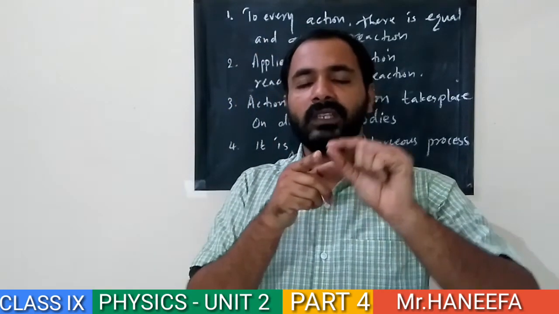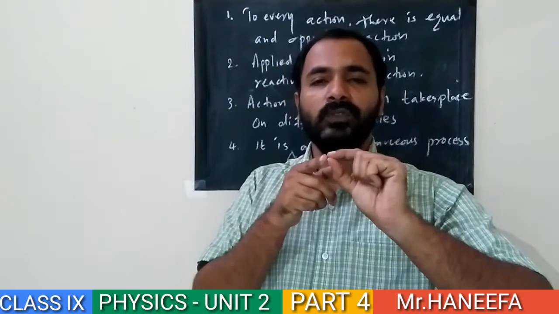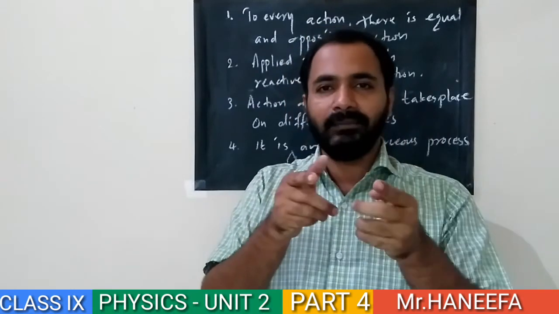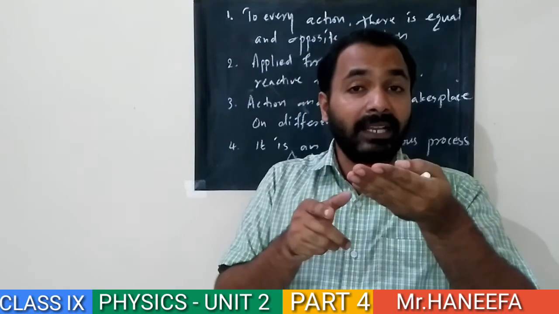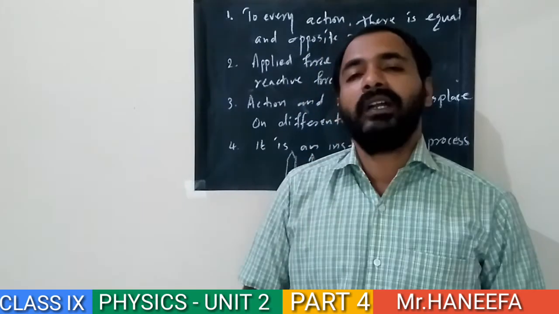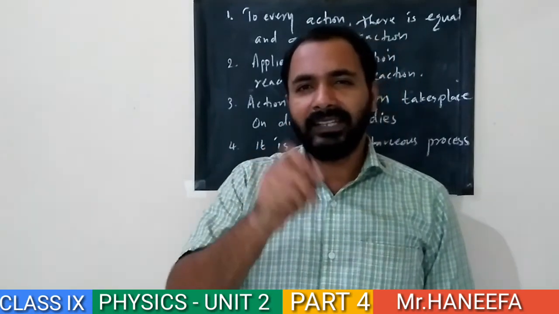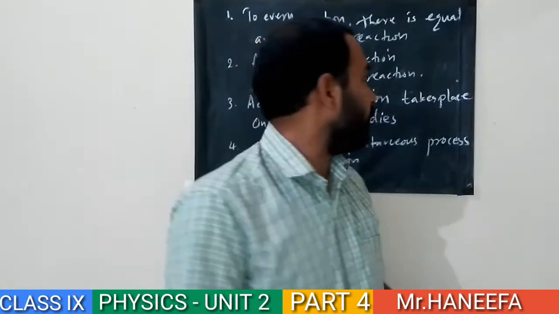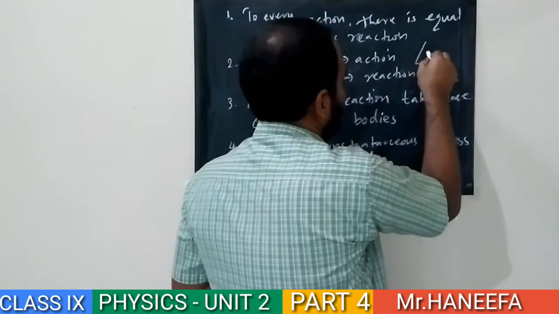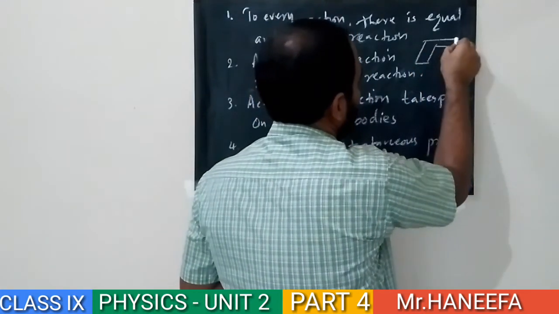The bullet moves forward. That time the gun moves in the backward direction. That is called recoil of the gun.